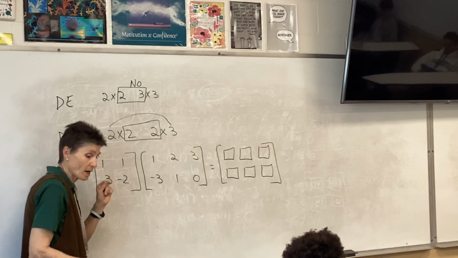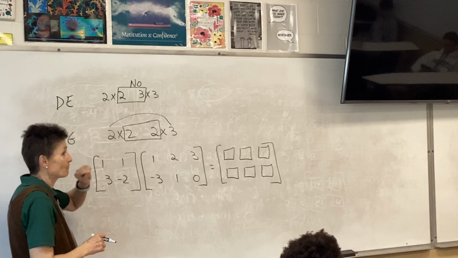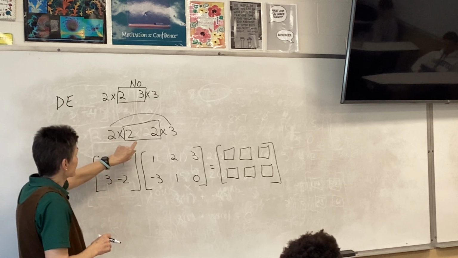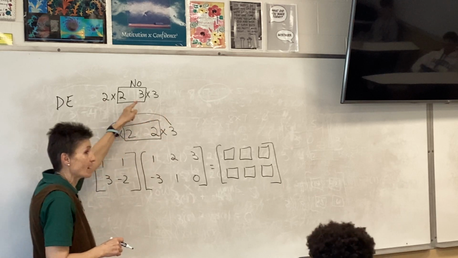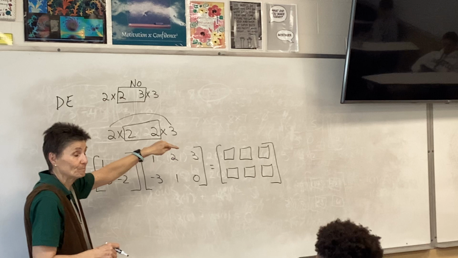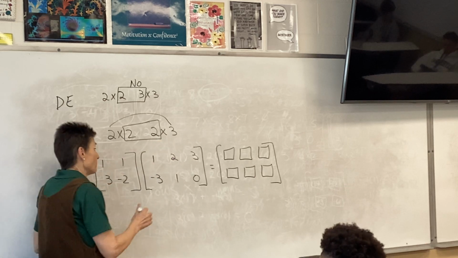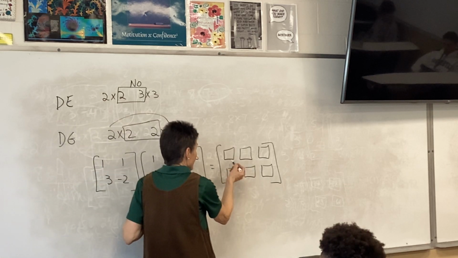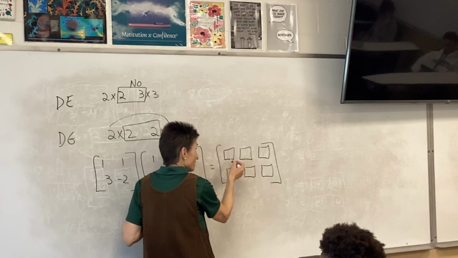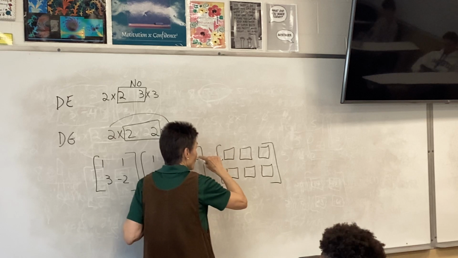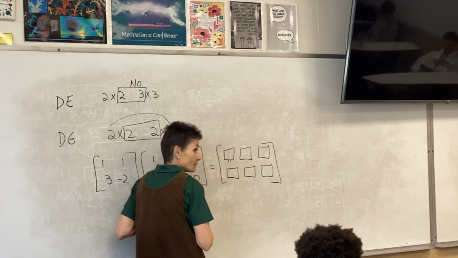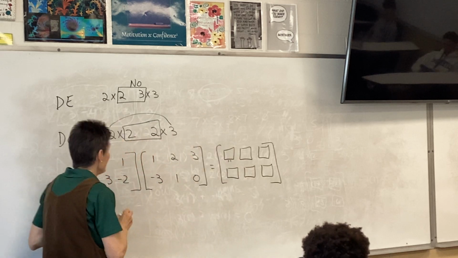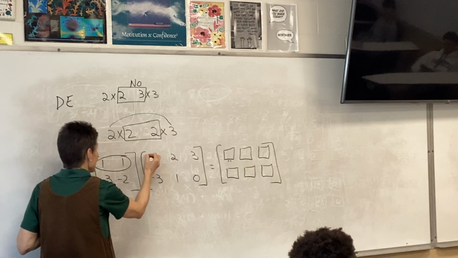Because when I check for my multiplication, always, these two have to match, and then these two give me the size of my answer. Okay? So, I'm going to start right here. This number right here, whatever goes there, is in which position in the matrix? Row 1, column 1, right? Call that the 1, 1 spot. So row 1, column 1.